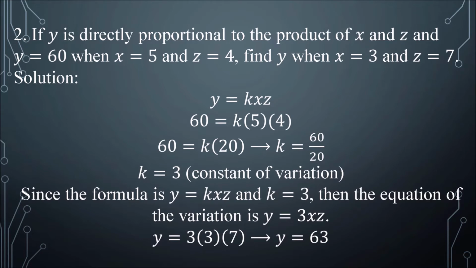So, y is equal to 3 times 3 because x is 3, times 7 because z is 7. So, simplifying that, 3 times 3 times 7 is 63. Therefore, y is 63 when x is equal to 3 and z is equal to 7.